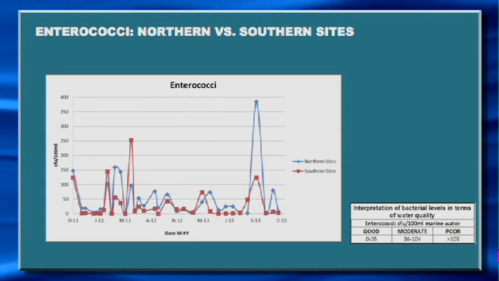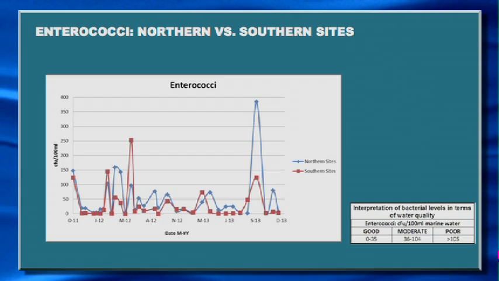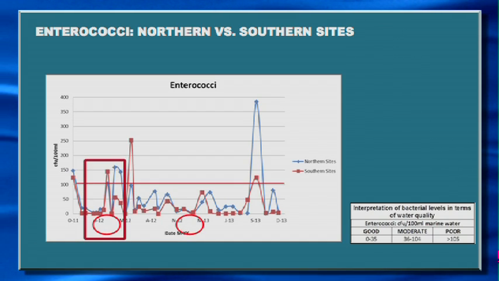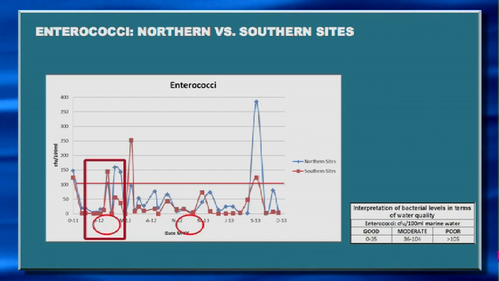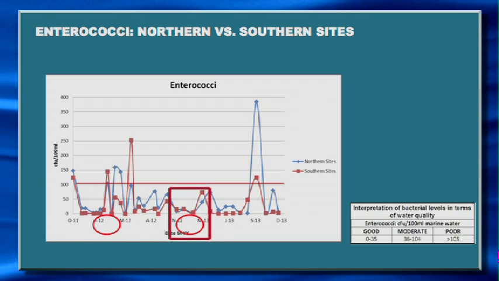We've done a similar thing with the enterococci, but we get a different data set. It's very interesting. Same time period, October 11 to December 13. Here's the dry period. Not the same data. We see different things going on. This is the following dry season, different set of data.